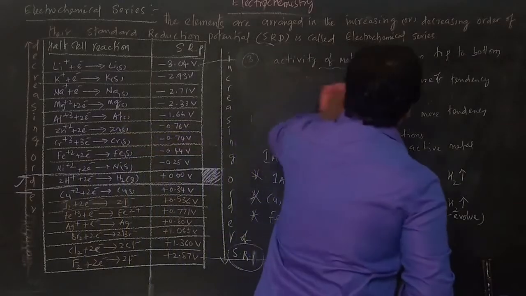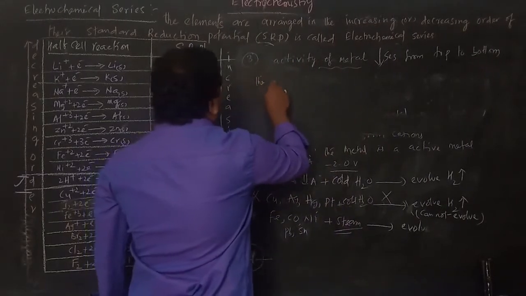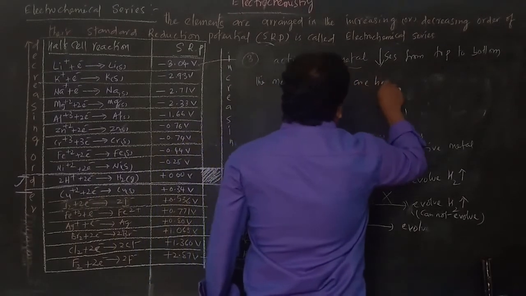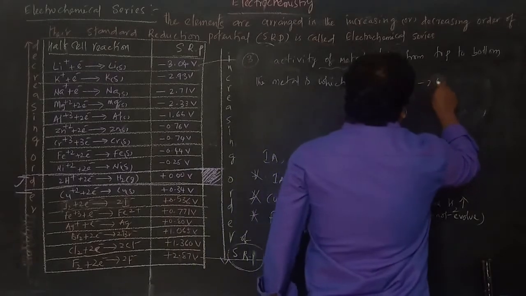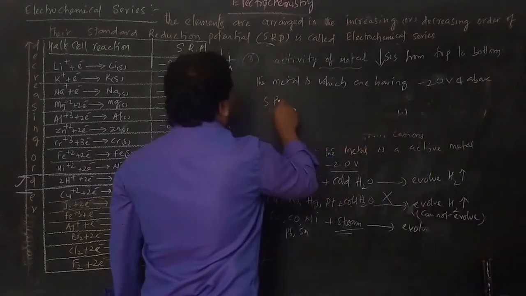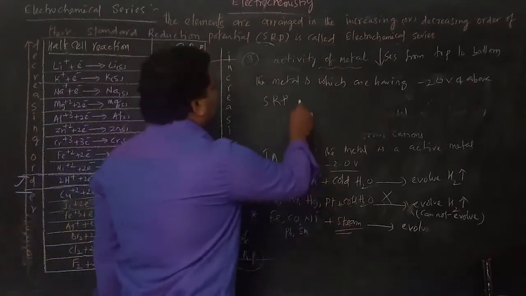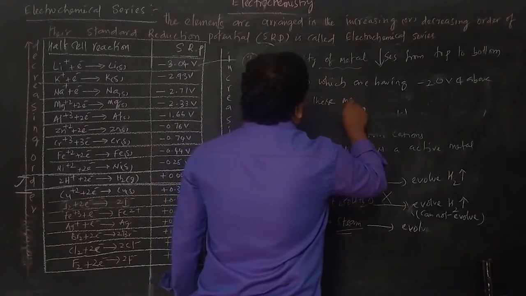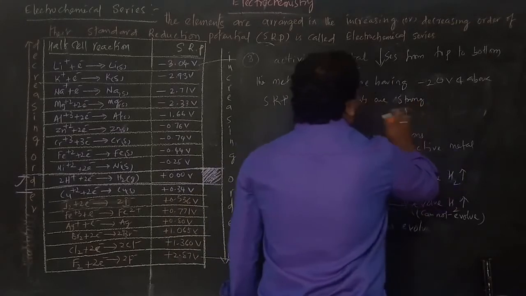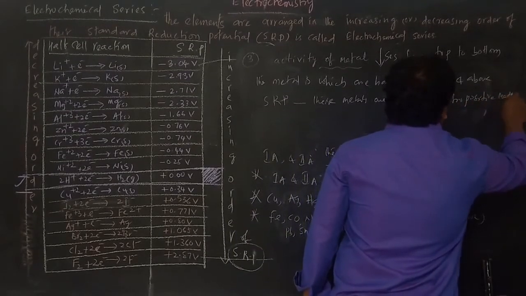And one more thing, the metals which have minus 2.0 and above standard reduction potential are strong electropositive metals.